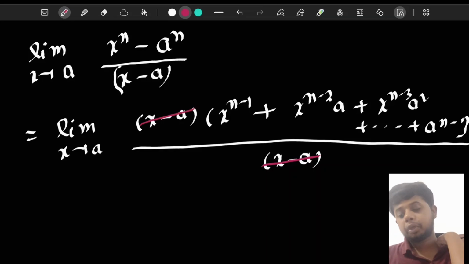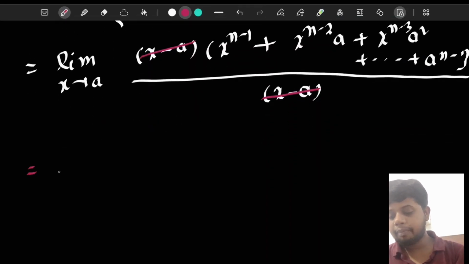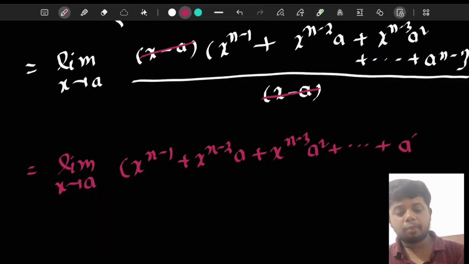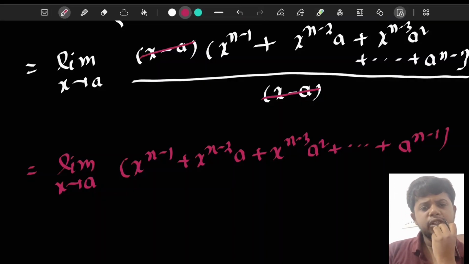Why? Because x is going to a, x is not a, x is going to a. So that means I'm getting limit x tending to a, x power n minus 1 plus x power n minus 2 into a plus x power n minus 3 into a square plus dot dot a power n minus 1. You'll say correct, sir.